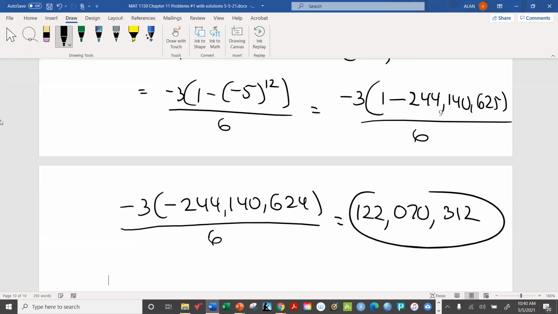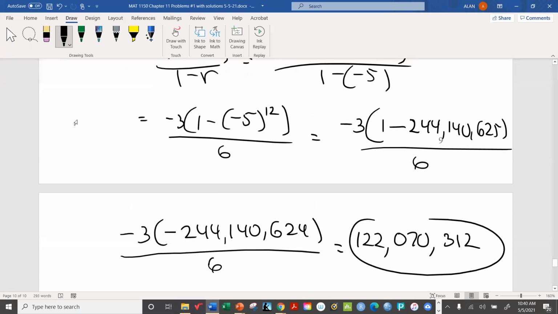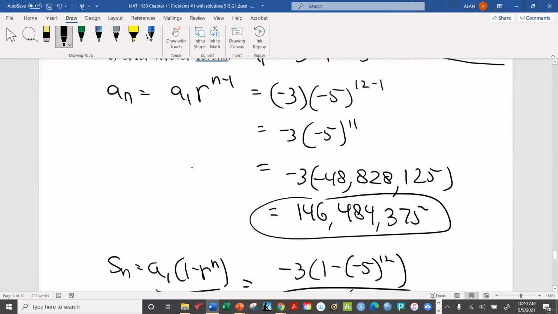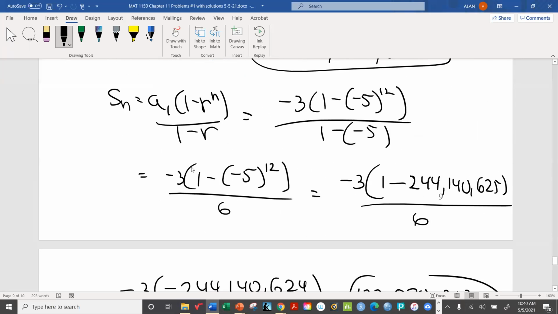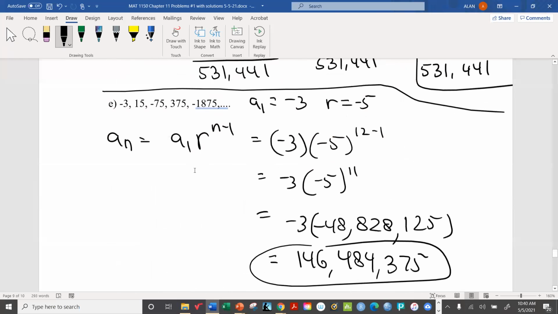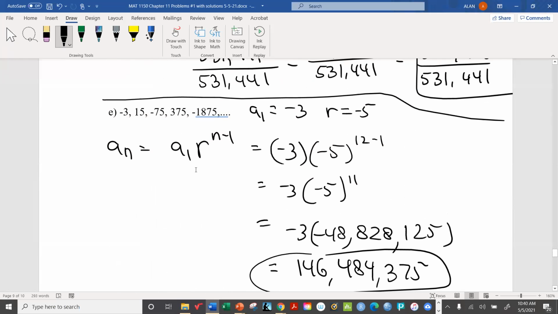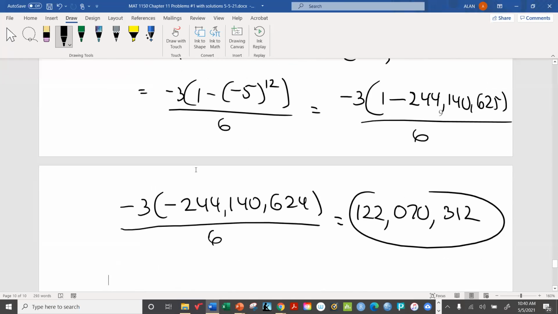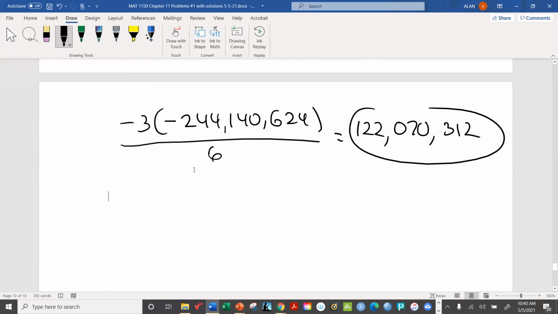Now, interestingly enough, if you look at the 12th term, that was 146 million some odd thousand. The sum is actually smaller than the first term, and that's because the terms alternate between positive and negative. So it didn't turn out to be that astronomical after all. And that's again because of the rotating signs.